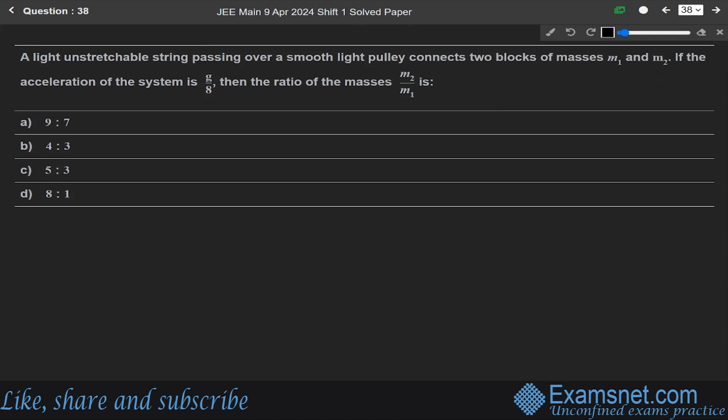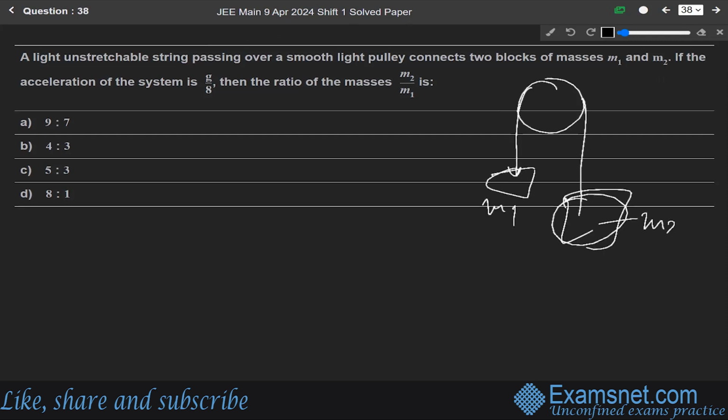For such a smooth light pulley system connecting two blocks, let us say this is m1 and this is m2. So we can write the acceleration of the whole system is m2 minus m1 over m2 plus m1 into g. This is the formula.